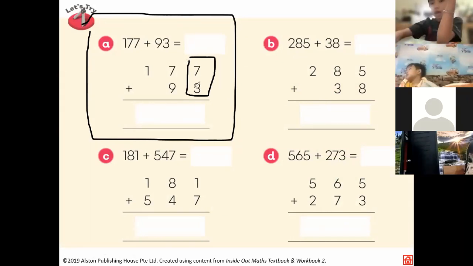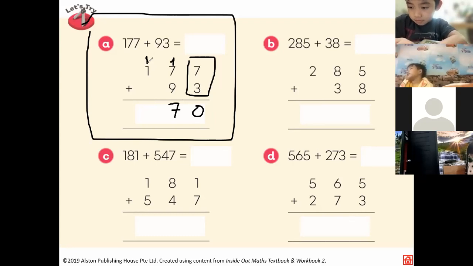So 7 plus 3, that's 10. Okay, so let's put the 0 here and carry 1. So 1 plus 7 plus 9, that's 17. And then we carry the 1 here. So 1 plus 1, that's 2. So the answer for this problem is 270.